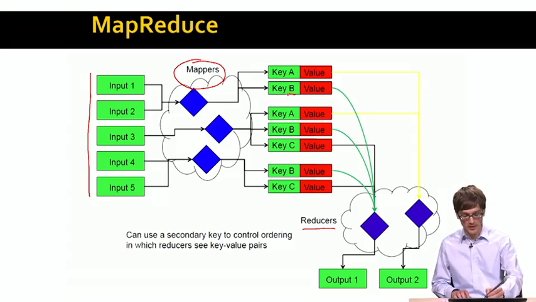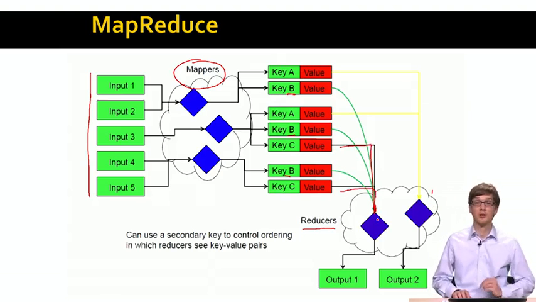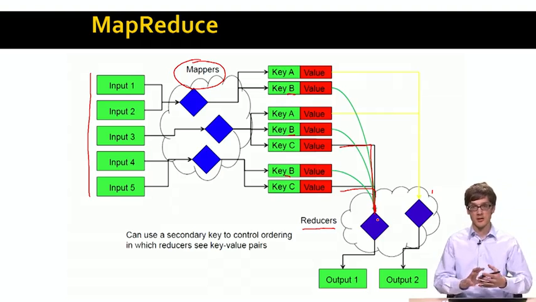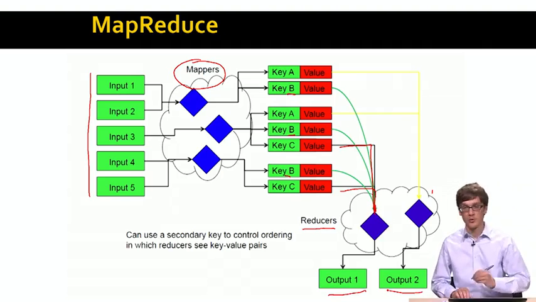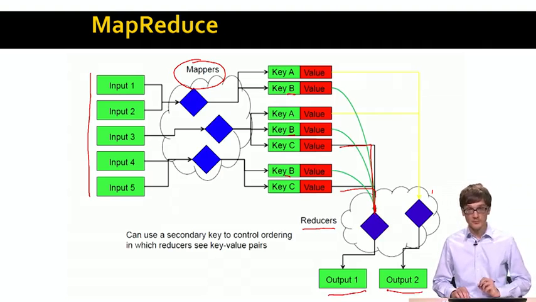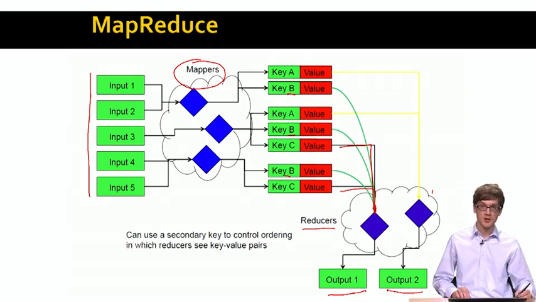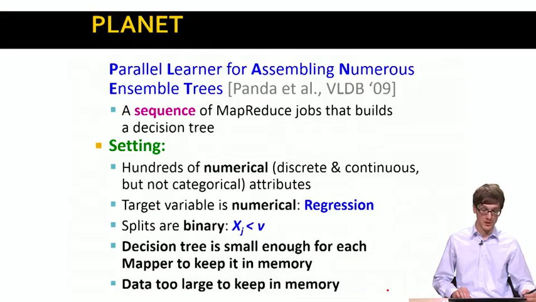For example here, everything that has key B goes to the first reducer, and everything that has key A goes to the second reducer, and also all the C's go to the first reducer. So there is the shuffling step, and then the reducers collect the values, and each reducer produces its own output. So the question is, how can we use this MapReduce computational infrastructure to learn how to build trees?